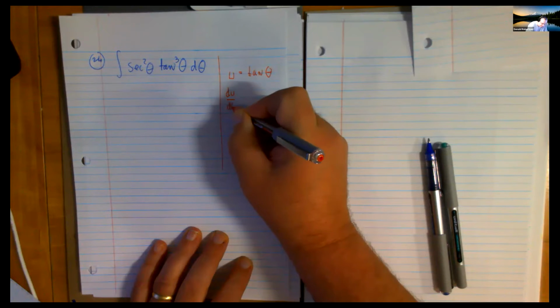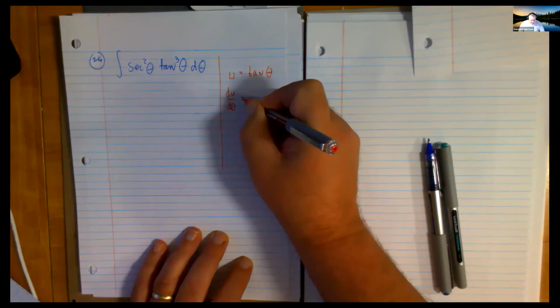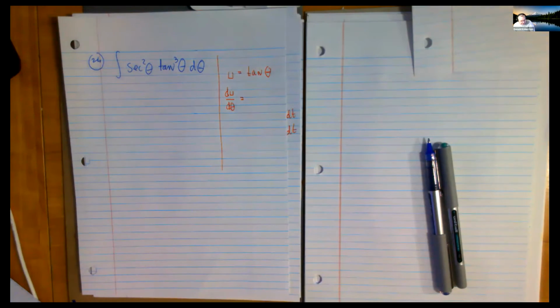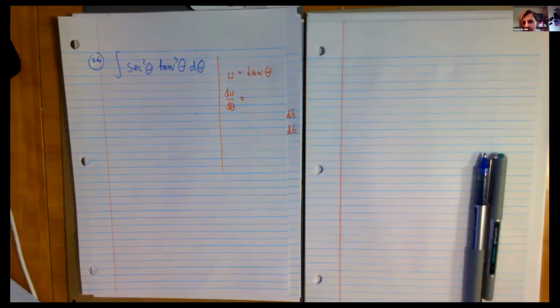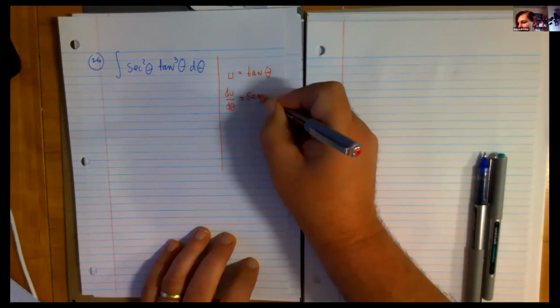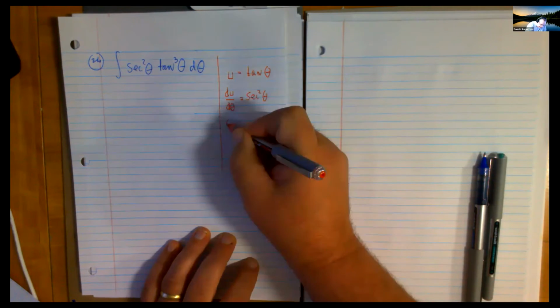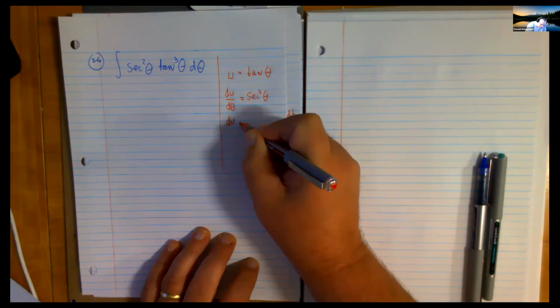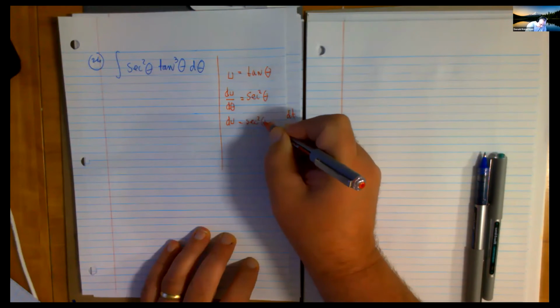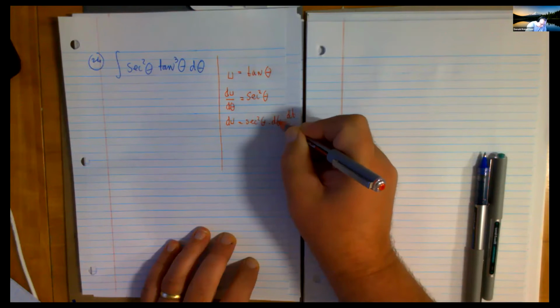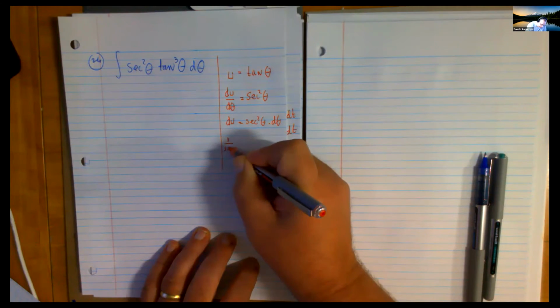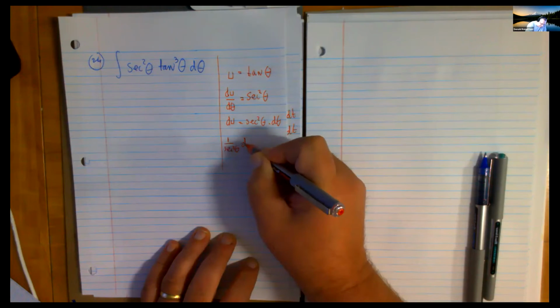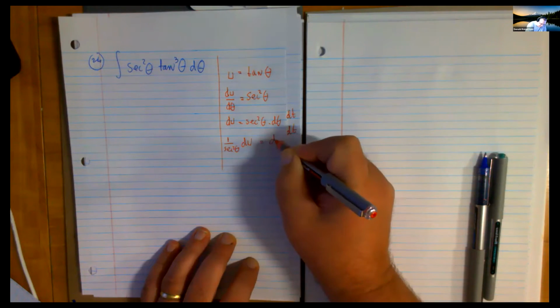If you differentiate with respect to theta. Okay, what is the derivative of tan theta? Secant squared. Agreed. And the crossover? And then isolate the d theta.